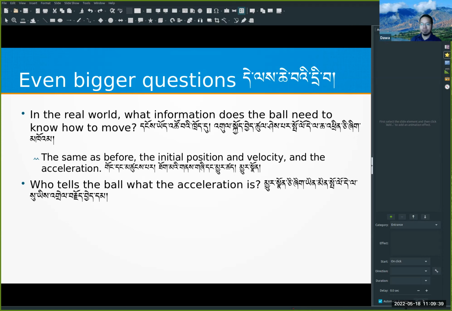Now, the second big question now is who actually tells the ball what the acceleration is? And I will let you think about that question and maybe discuss it a little bit with your neighbors. See if you can think of who actually tells the ball what the acceleration is.